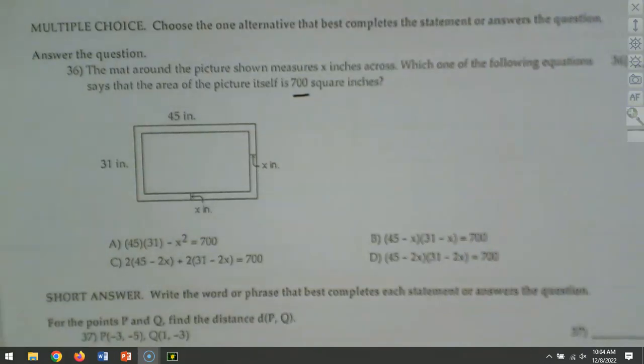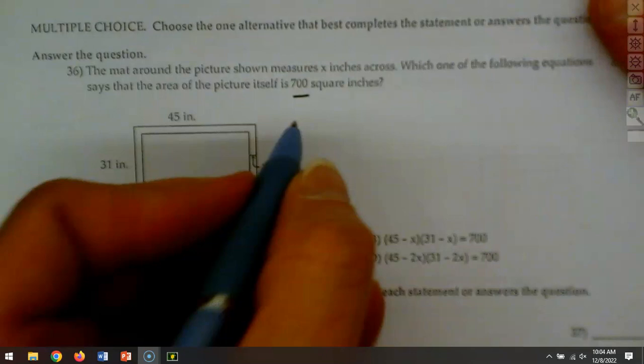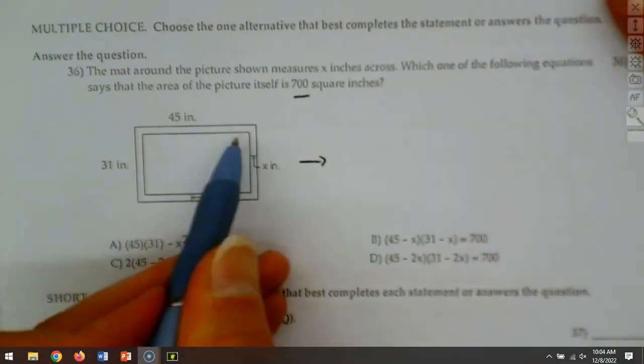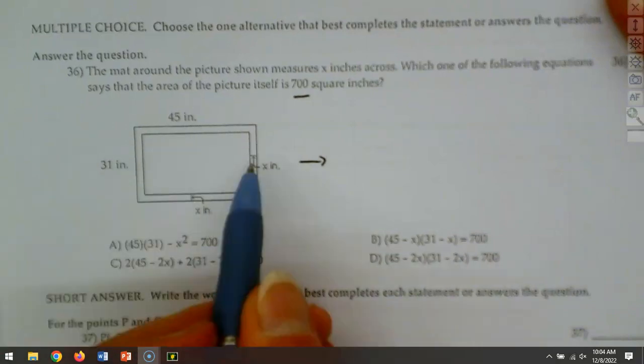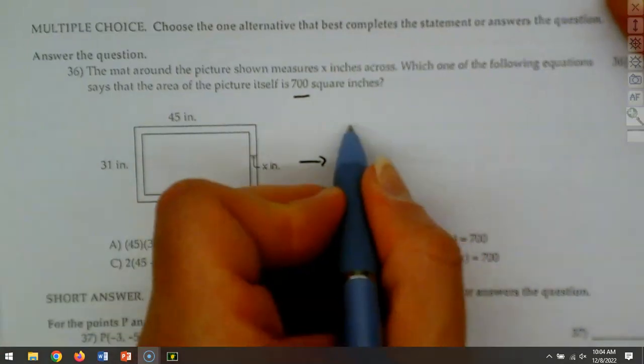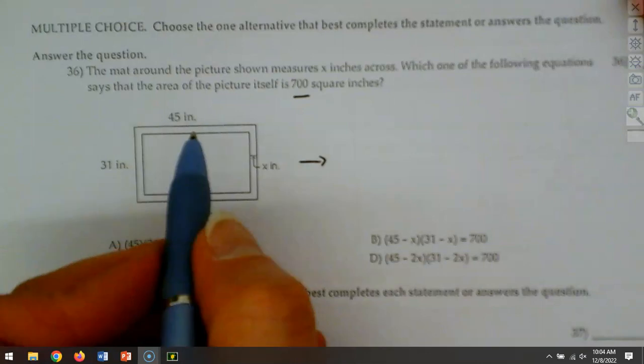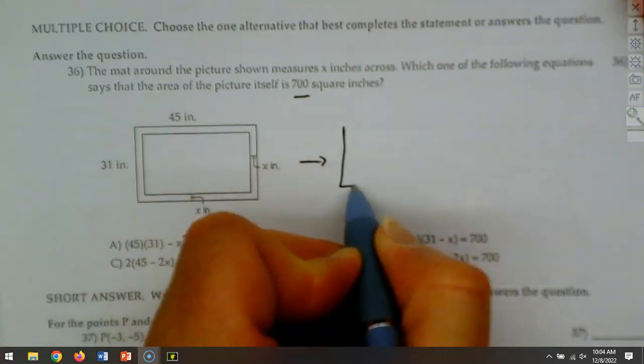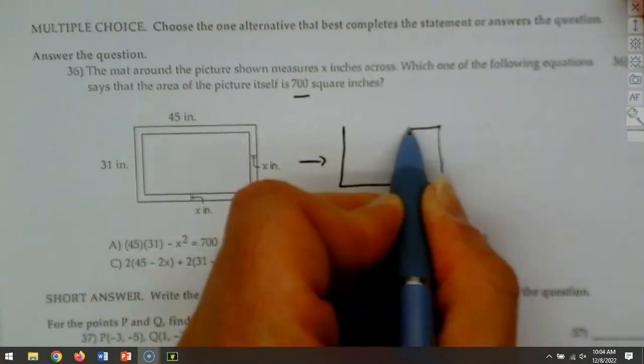Now we need to figure out how we can dimension this out. What do we know about this part here? Well, we know it's X across. Okay, we want the area of the picture itself. So the inside, we're going to look at the inside. This is going to be the inside here.